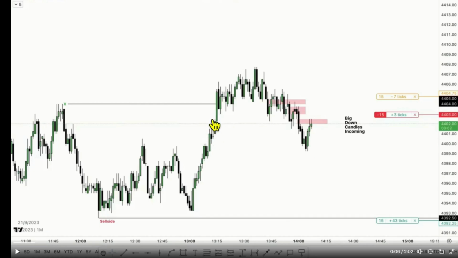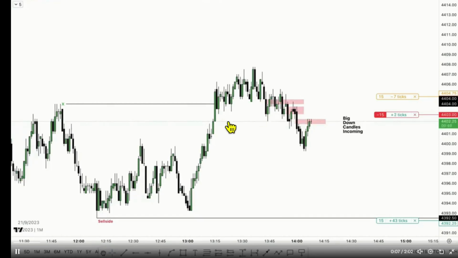Notice that I entered personally already when price displaced below the highest BC on the left side of the curve right here, because that should act as an inversion on price if price is going to be bearish. Next to that, this BC should act as an inversion on price if price displaces below it.